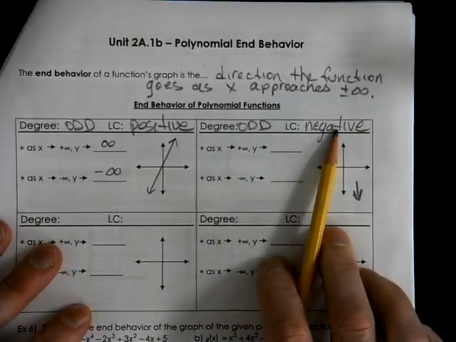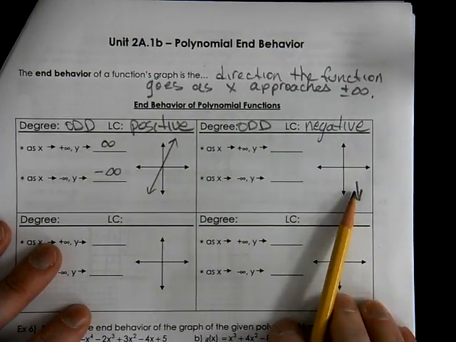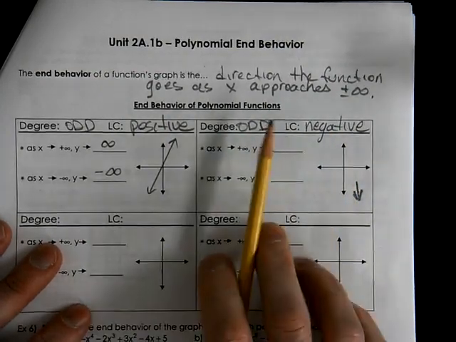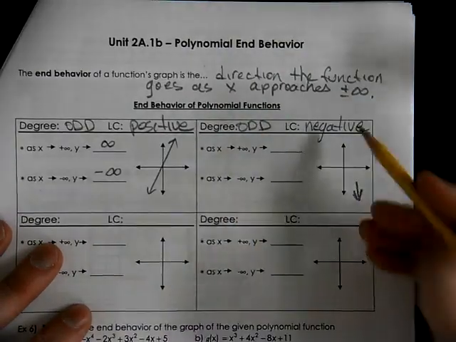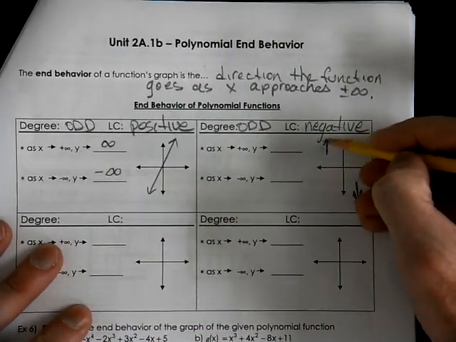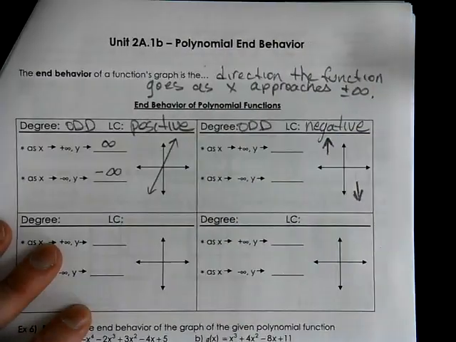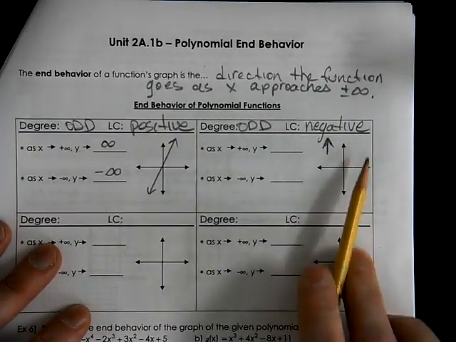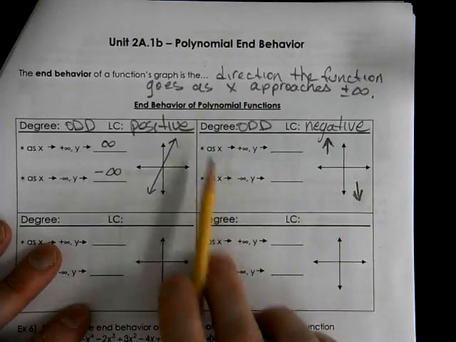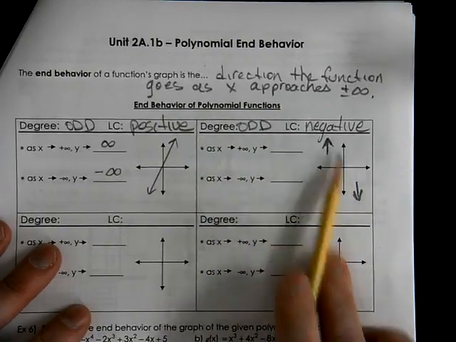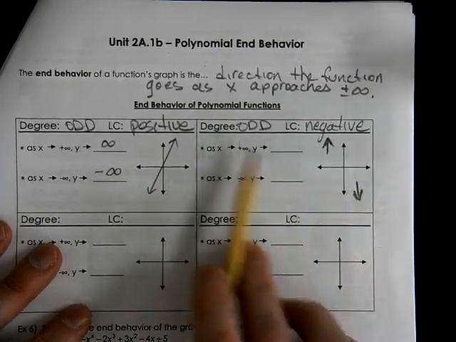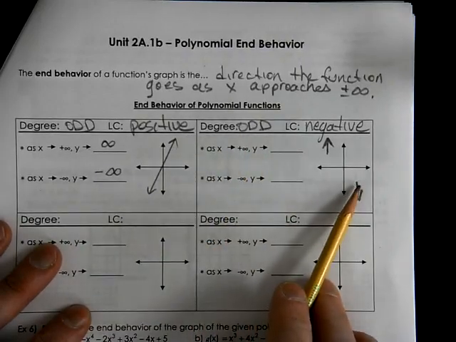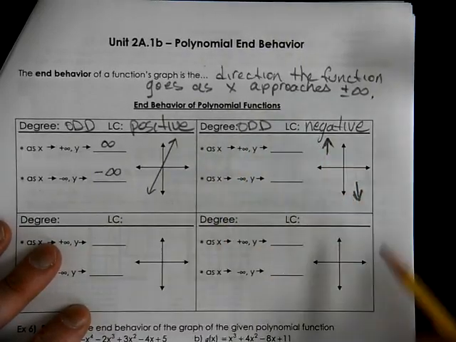Every time you have a negative leading coefficient, you're going to fall to the right. Every time you have an odd degree, you're going to be going in opposite directions. Leading coefficient tells you which direction to the right you go. Positive, you went up. Negative, you go down. The odd degree tells you you go in an opposite direction.